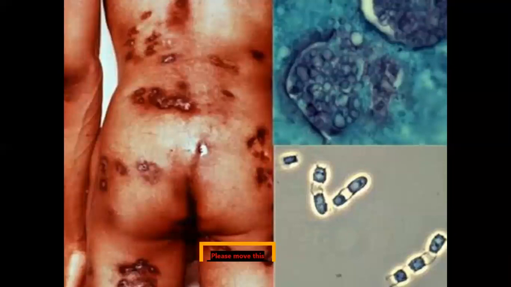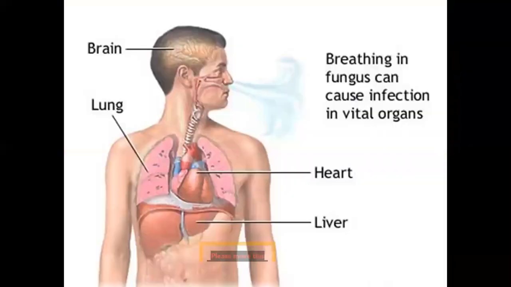When the cover or the membrane is ruptured, the spores can come out and form individual fungi again and can produce a widespread infection. So it can cause infection in the lung primarily. It can cause infection in the liver, in the heart, in the brain.